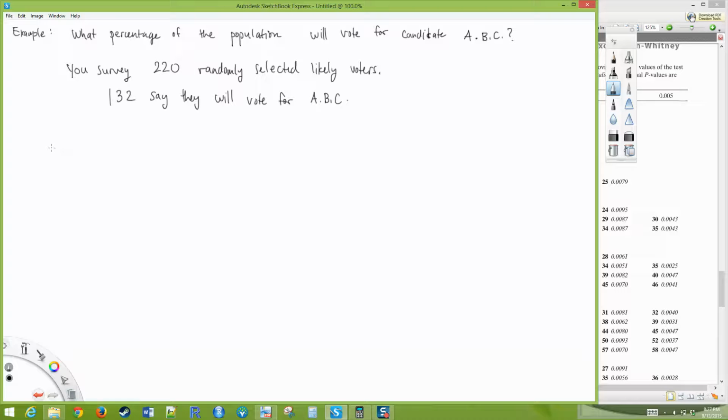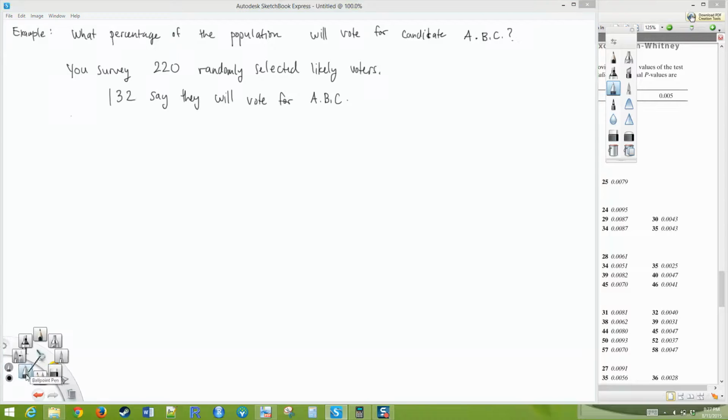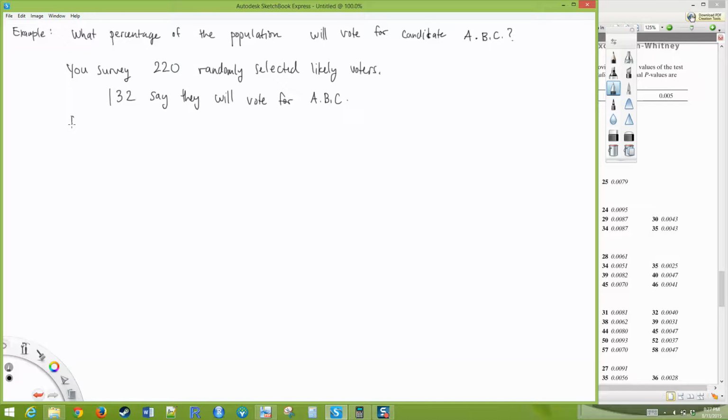All right, so let's make a confidence interval for the proportion of all voters in the population.